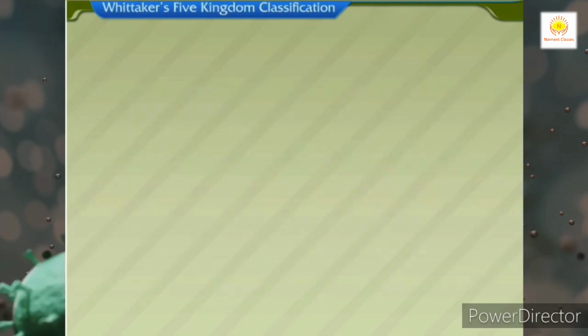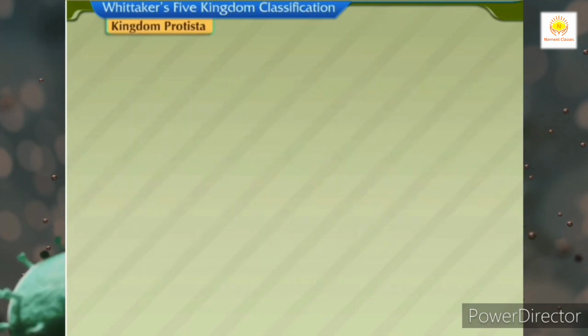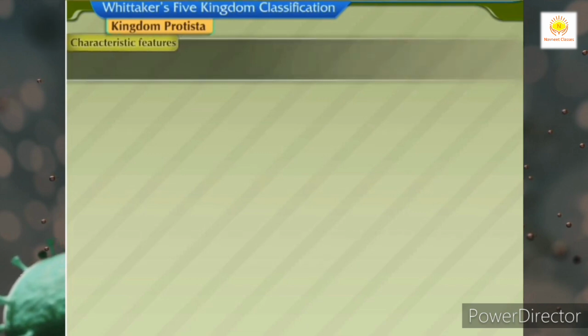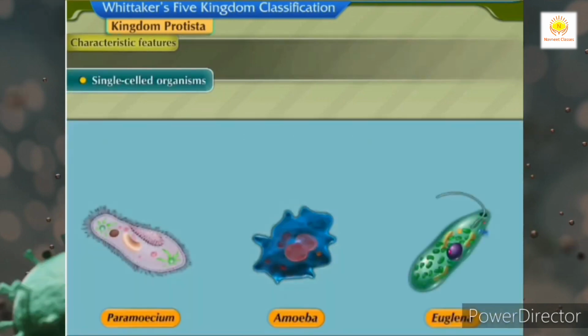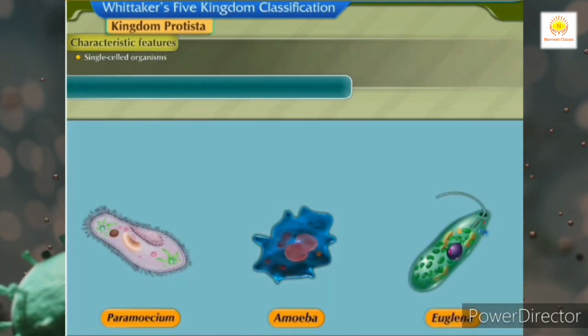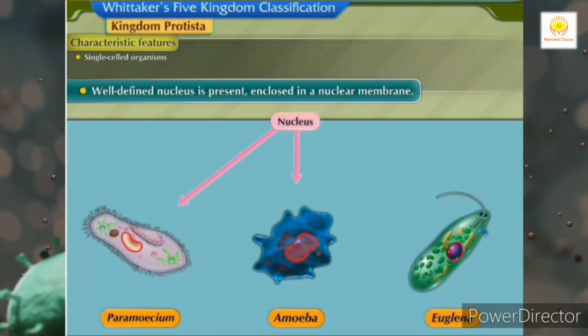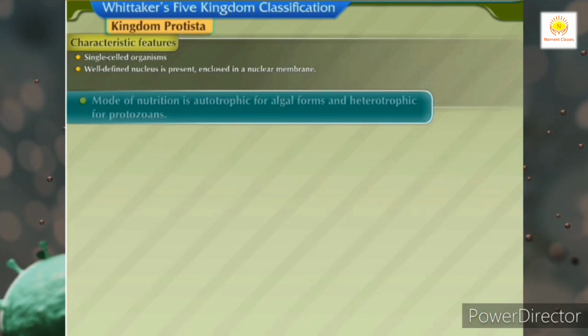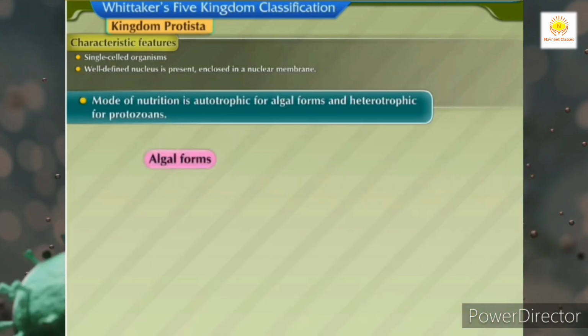Kingdom Protista. The characteristic features of this kingdom are: they are single-celled organisms. Well-defined nucleus is present enclosed in a nuclear membrane. Mode of nutrition is autotrophic for algal forms.